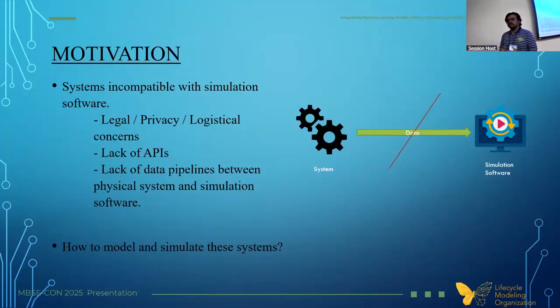It could be different problems such as a lack of APIs. For those who don't know, an API is an application programming interface that allows you to create a data bridge between your system and your simulation software. Maybe there could be some legal or privacy concerns, where some companies do not want to open up their data points to your system simulation. So when you've got a problem like this, how do you model and simulate these systems?